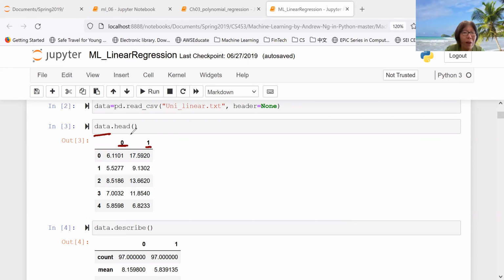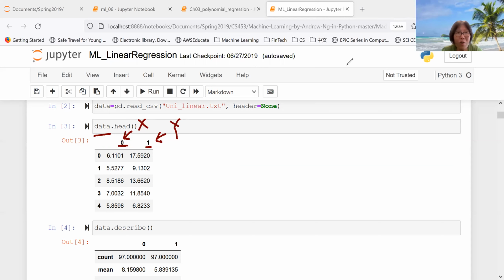You pick one as the feature and the other as the target value, and we try to find the relationship between Y and X, between the target value and the feature.